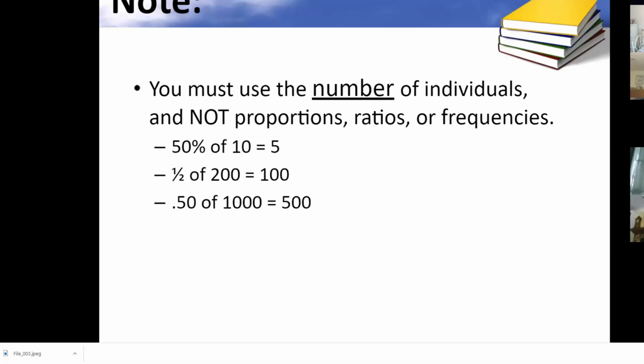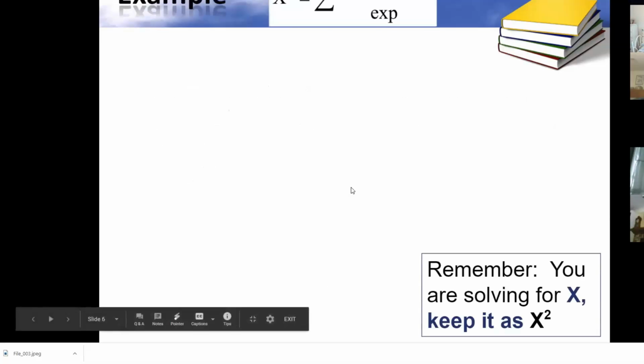Like you expected 3/4 to be purple, or you expected 75% to be purple, or 0.75 as a frequency. You don't want to use those sorts of numbers. You only want to use actual numbers of individuals, a data count.